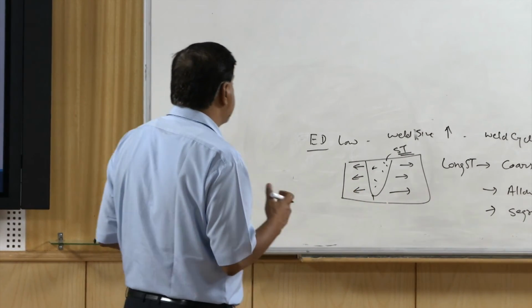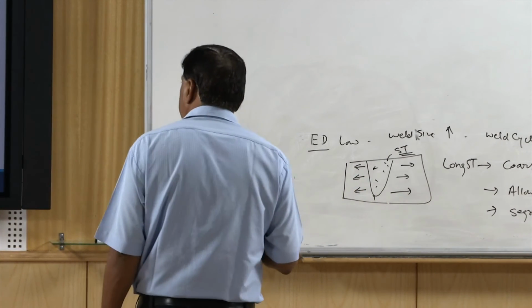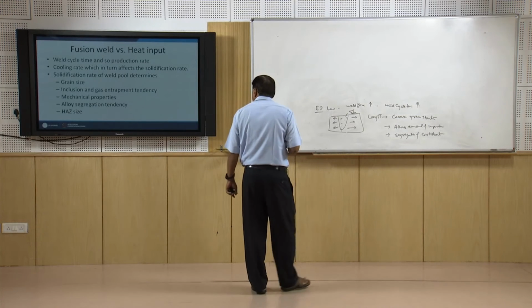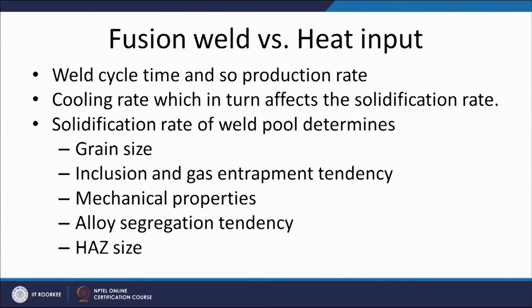So it will increase the tendency for segregation. And if a coarse grain structure is formed, it will result in poor mechanical properties.